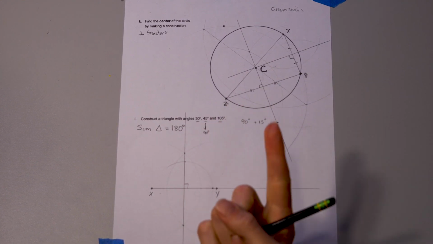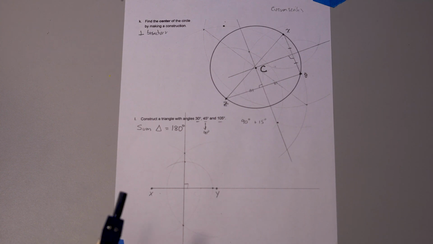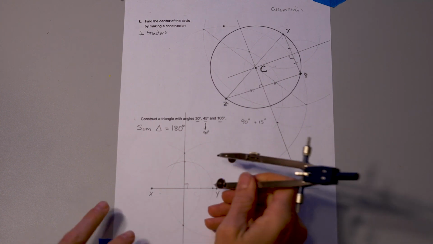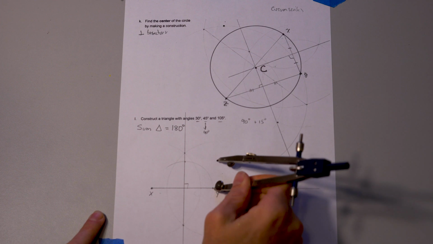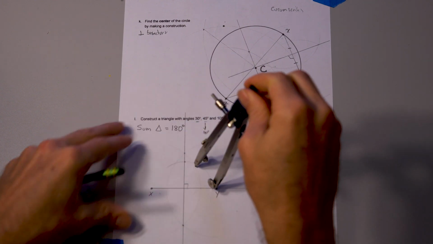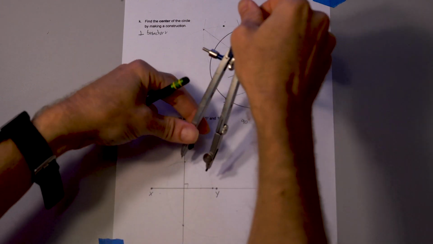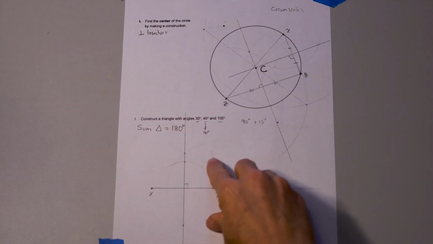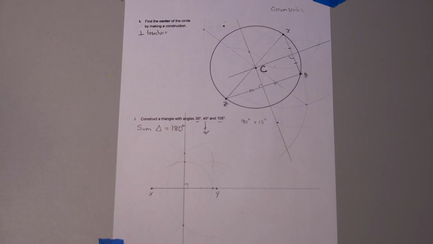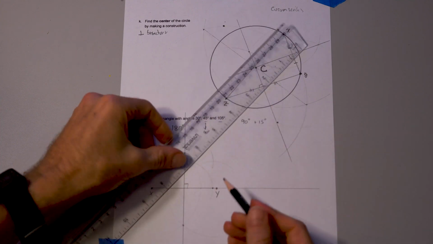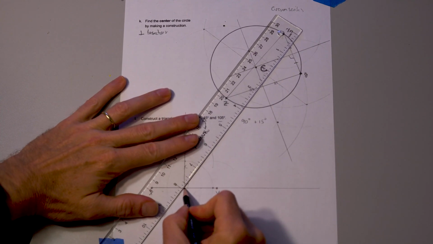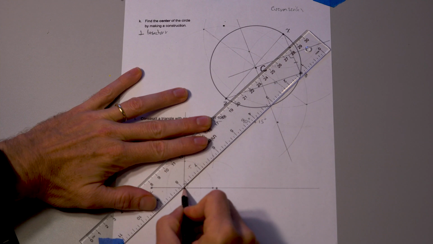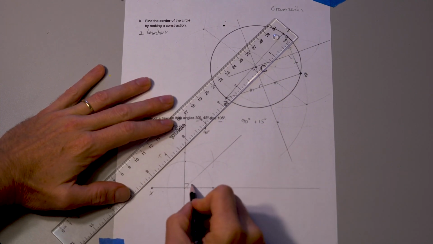That's arc number 1. Arc number 2, I need to draw from this intersection out into space here, this intersection out into there, that intersects, and I would draw a ray from our vertex here through that intersection. Okay, that is 45.